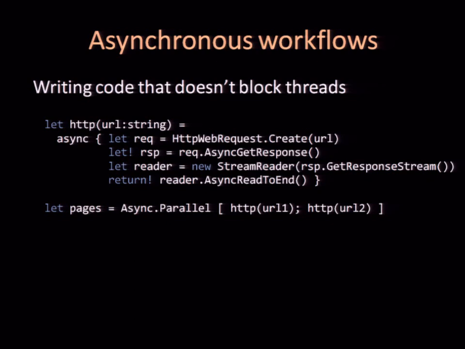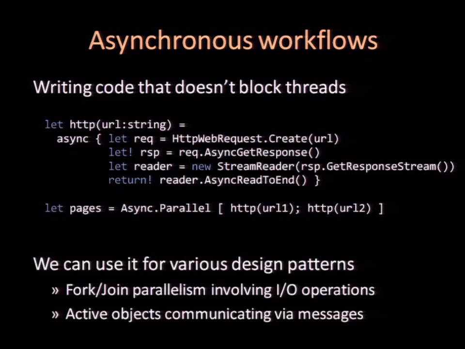And it's designed for writing code that doesn't block actual .NET threads. So in this case, we're doing some HTTP web requests. And the bang here means start some task or some asynchronous operation and resume the workflow when it finishes.